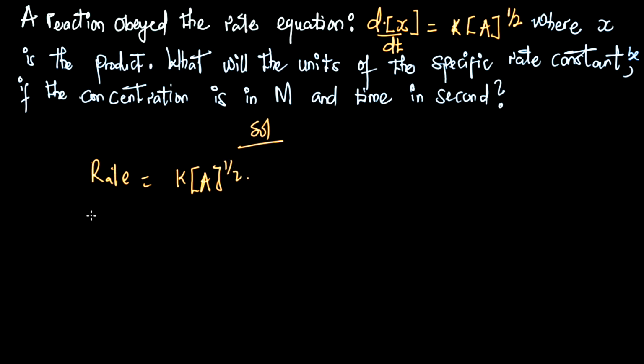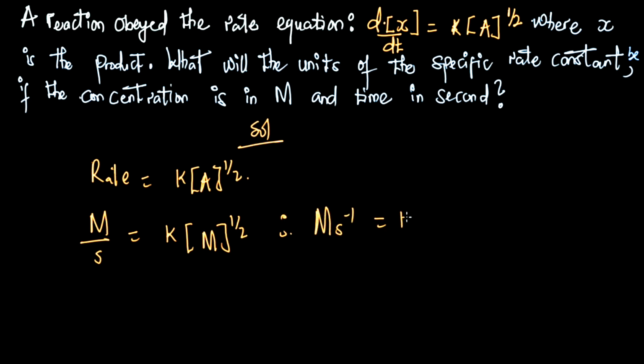So therefore we have molar over second, which is time, equals k, and then we have molar to the power 1 over 2. So therefore we can see that k equals M s^-1 over M^1/2.